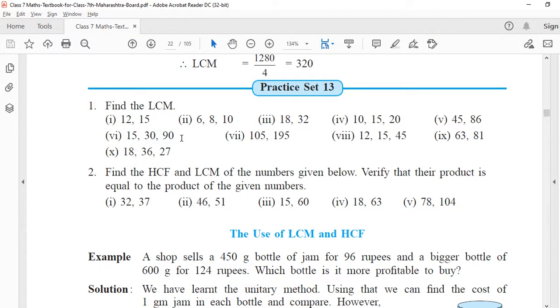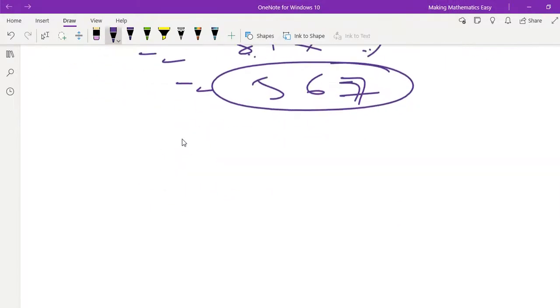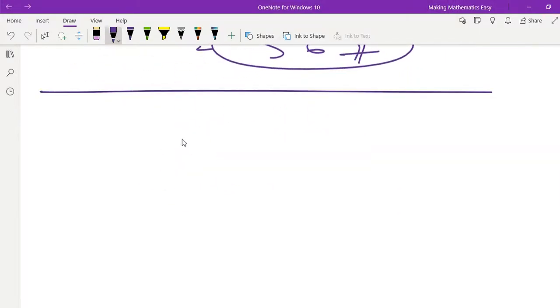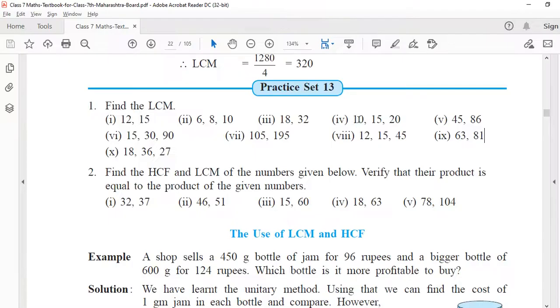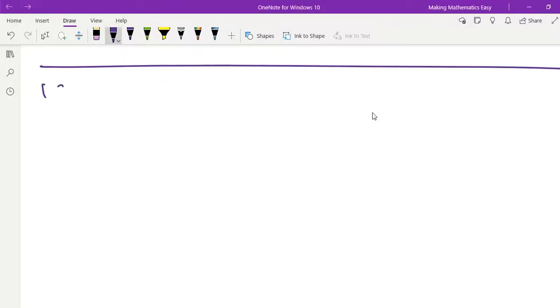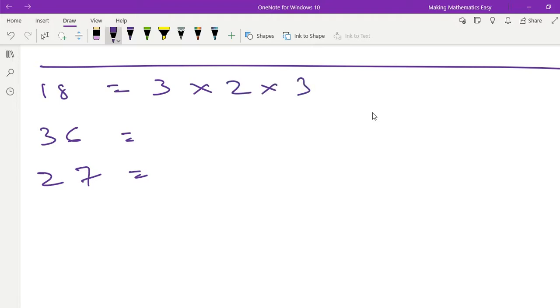Okay, let's move on to the next sum, which is 18, 36 and 27, and the last sum for today's lecture. 18, 36 and 27. So these will be the factors of these. 18 would be 2 into 3 into 3.